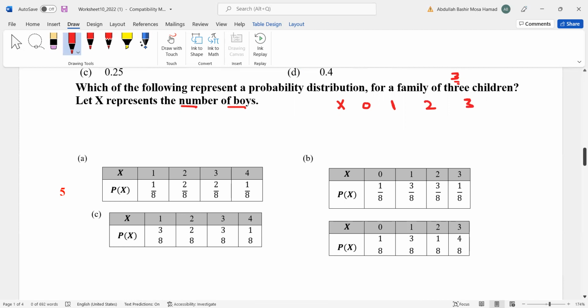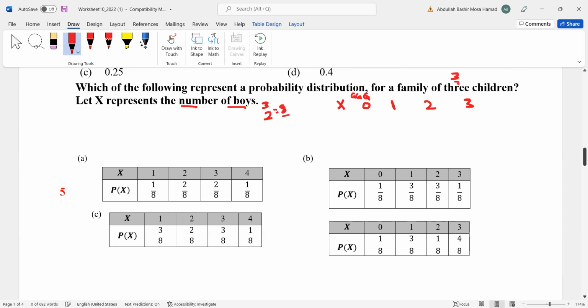Now we need to find the probability for each value of X. P of no boys means what? The outcome associated with this is G, G, G, all girls. And the sample space has 8 outcomes: 2 outcomes, boy or girl, and 3 trials, so it is 2 cubed, which is 8.